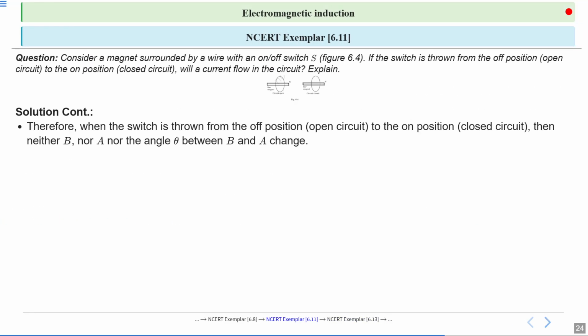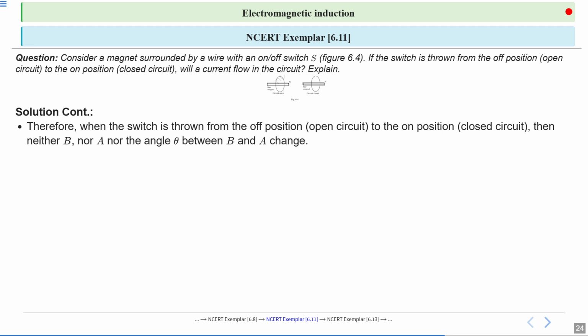Therefore, when the switch is thrown from the off position, that is open circuit, to the on position, closed circuit, neither B nor A nor the angle theta between B and A changes. If there would be a relative motion between the bar magnet and the coil, then there will be a change in the magnetic flux and EMF will be induced.